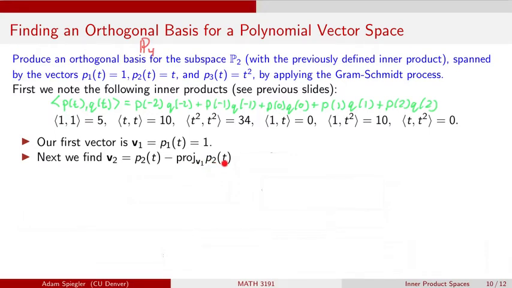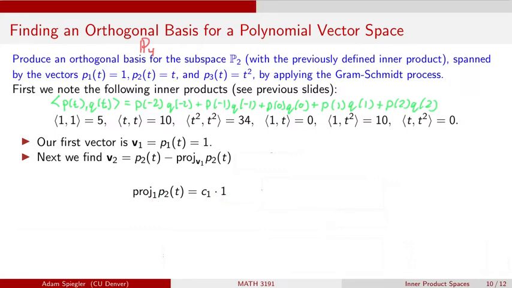When I subtract that from P2, what's left over is the component which is orthogonal to V1, so these two vectors will be orthogonal to each other. But we have a really nice situation here. The projection of this polynomial P2 onto the subspace spanned by V1, which was the polynomial 1, is going to be some scalar multiple C1 times that vector, which is 1.